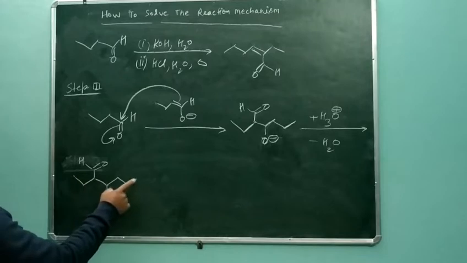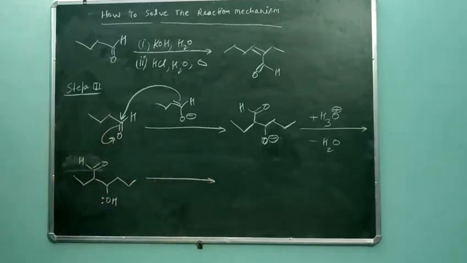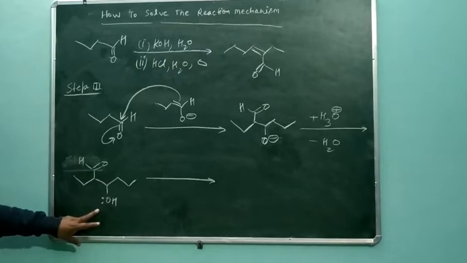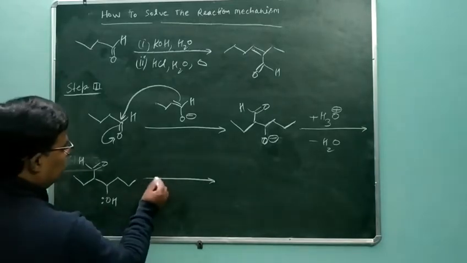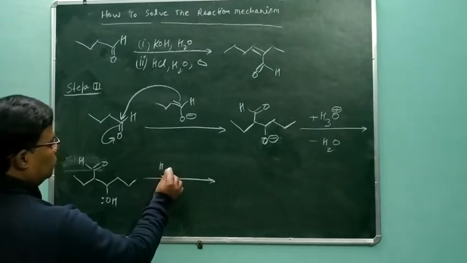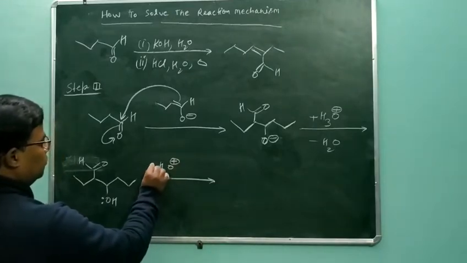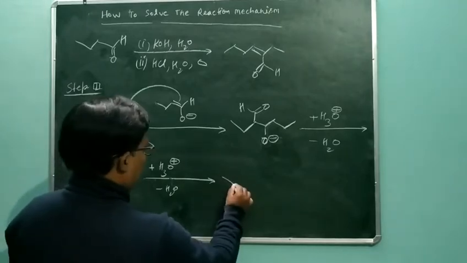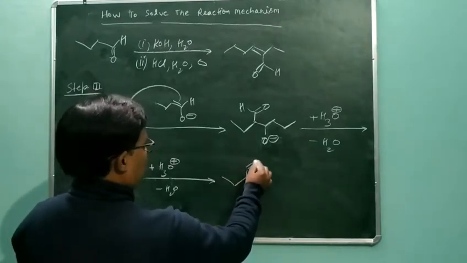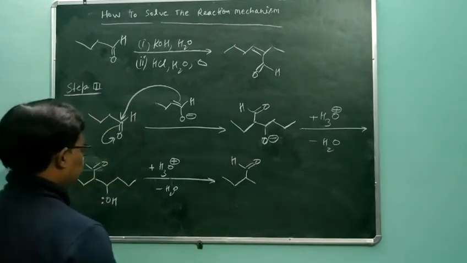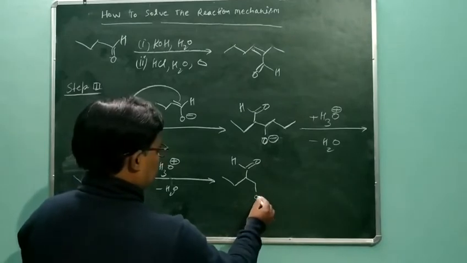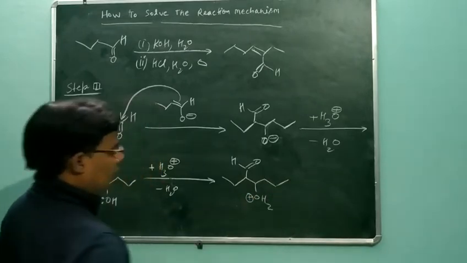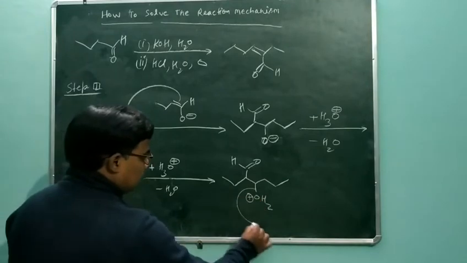The oxygen atom of this hydroxyl group contains one lone pair and is further protonated. And you can see this OH2 group is a good leaving group.